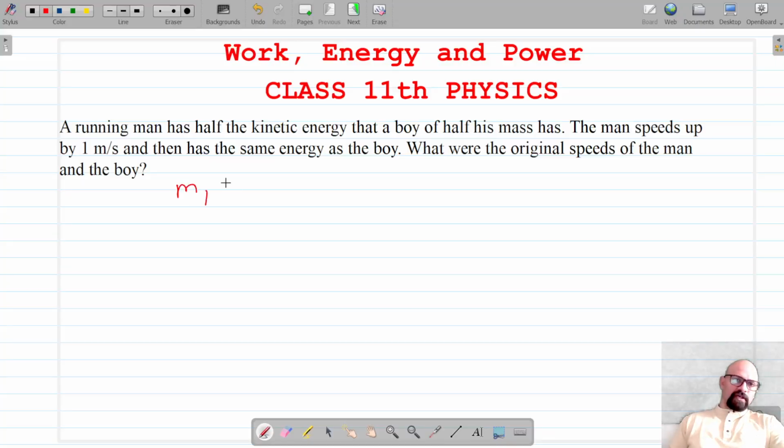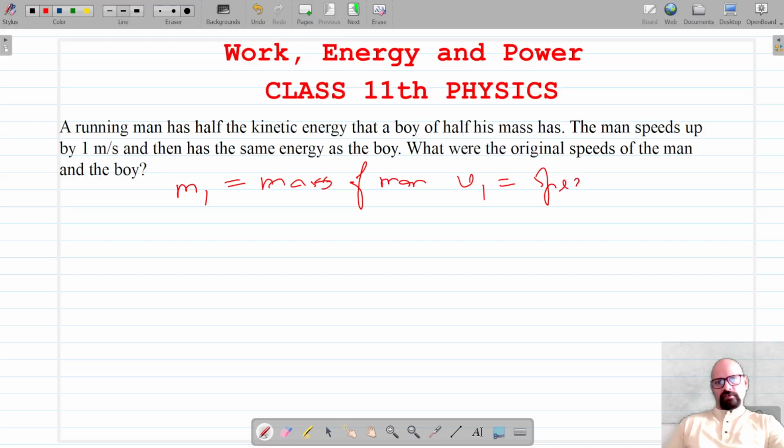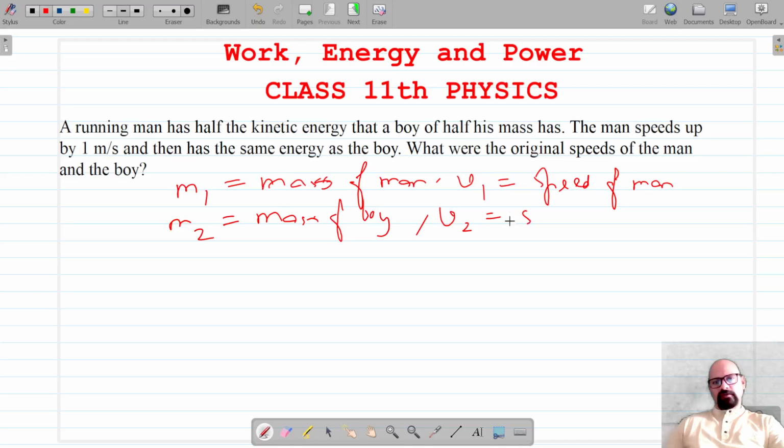So let's say M1 be the mass of the man and V1 be the speed of the man, that is the original speed. Then M2 be the mass of the boy, and V2 be the speed of the boy.